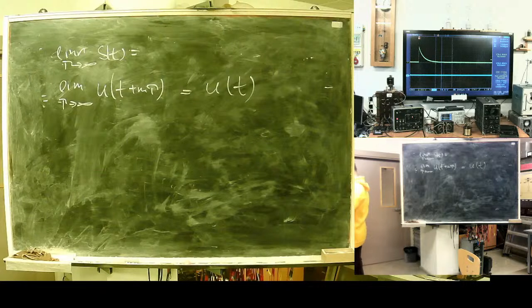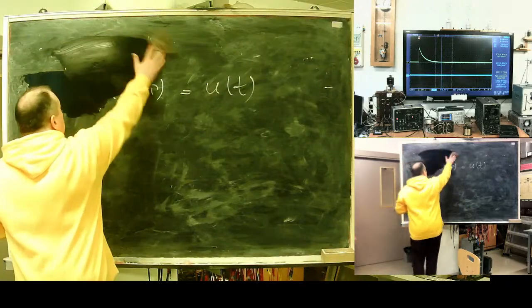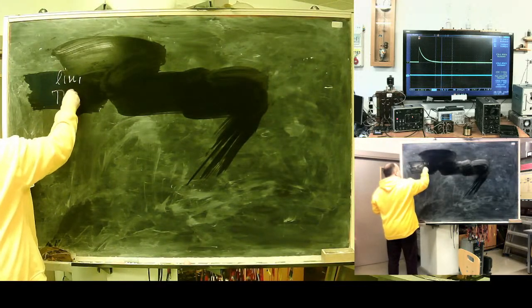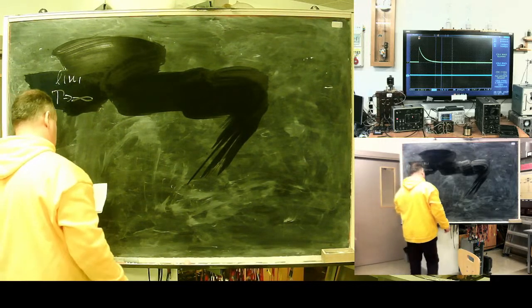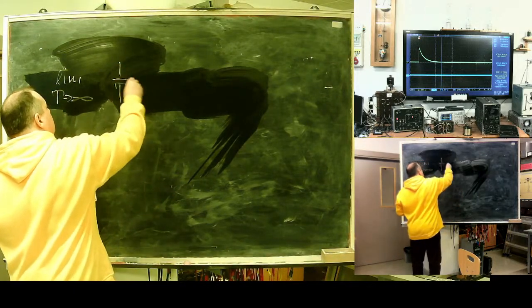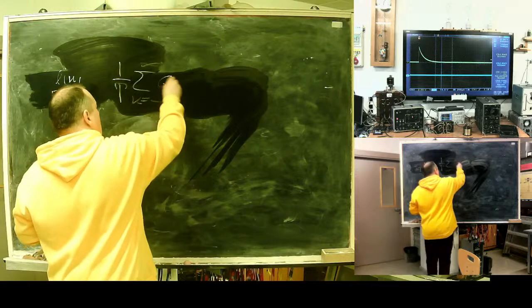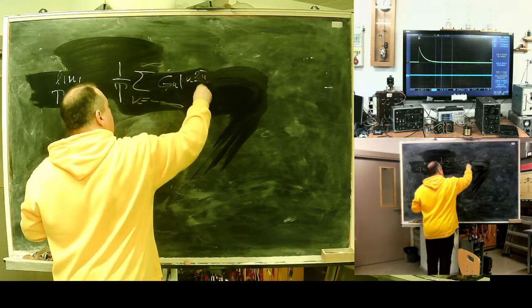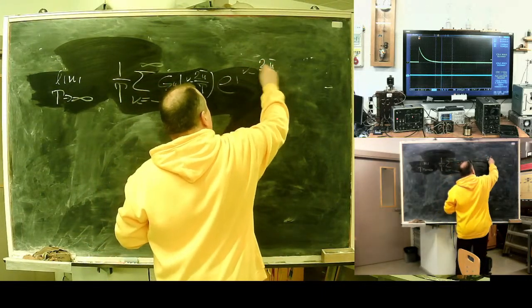Original pulse, yellow. Now we need to take a look at what? 1 divided by period, sum from minus infinity to infinity of the spectral function of the pulse.